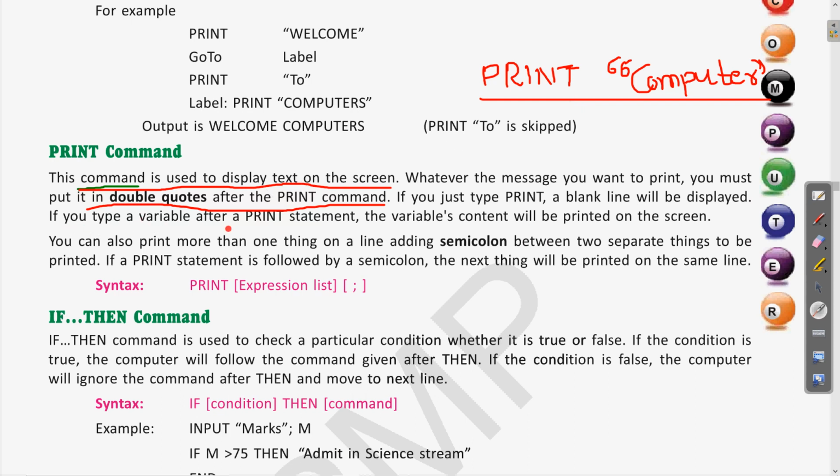If you type a variable after a print statement, the variable content will be printed on the screen. What does it mean? Suppose you have saved a value in a variable. For example, n is equal to 10. Clear?